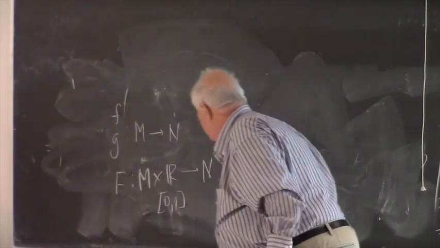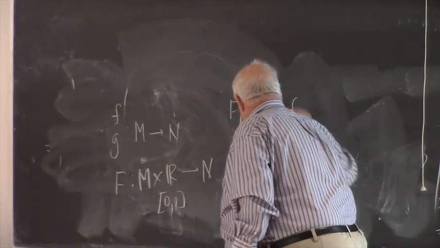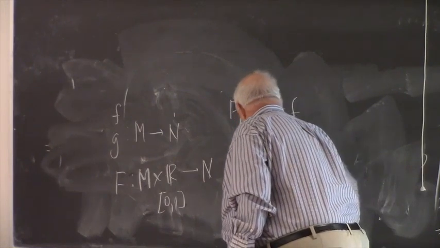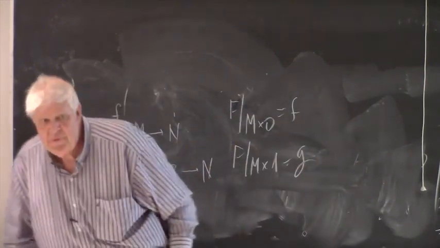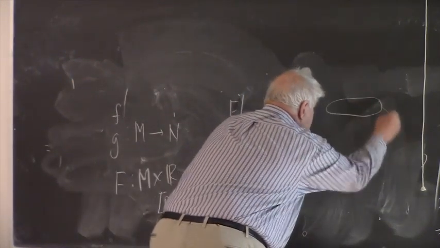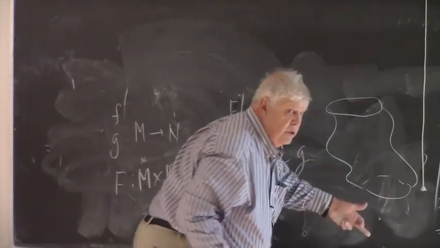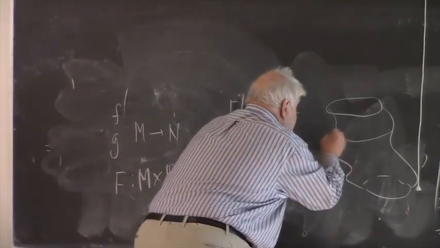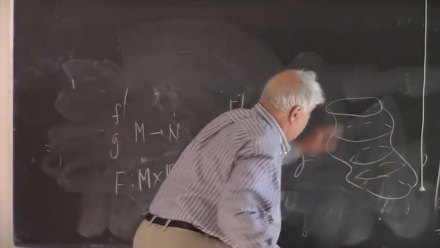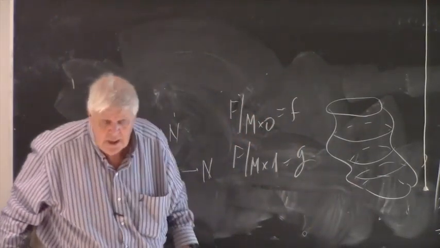Such that F restricted to M cross 0 is F and F restricted to M cross 1 is G. So such a map of a cylinder joins these two maps and intermediate sections give you a deformation, homotopy of this into this. So this is called a homotopy. Questions about this?